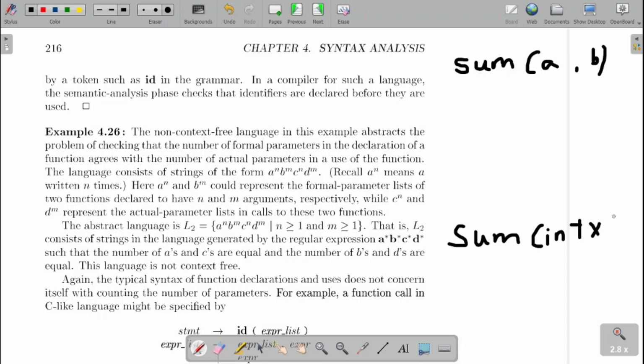Now I have two formal parameters, and the actual parameters must be matched with the formal parameters. Even these constructs are very hard to implement just with grammars.